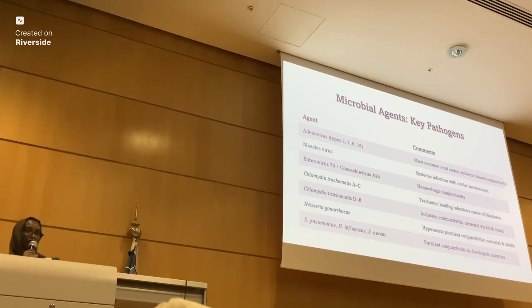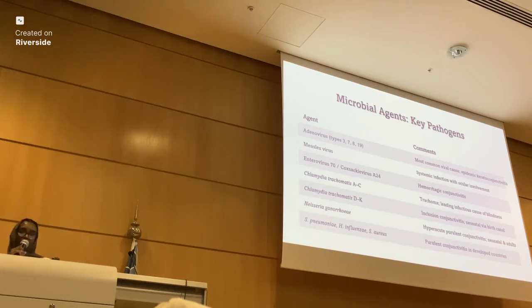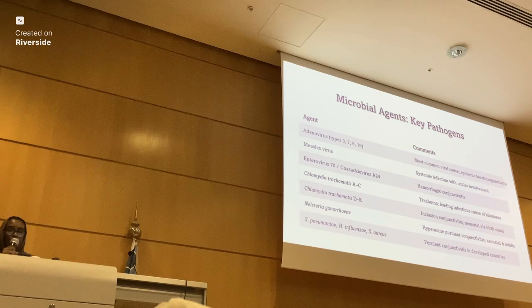When you get adenovirus, think of the most common, and think of it as mainly epidemic, where your conjunctiva and your cornea are both involved. So you get what we call keratoconjunctivitis. Both structures are involved.